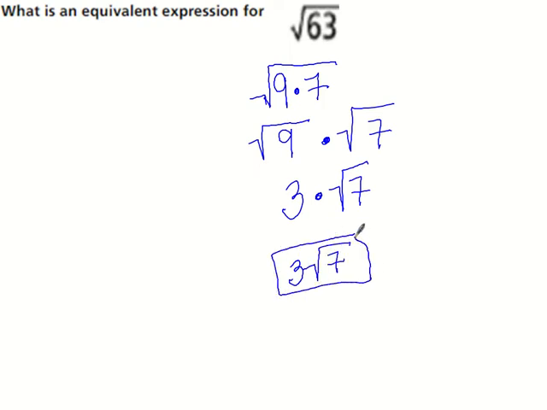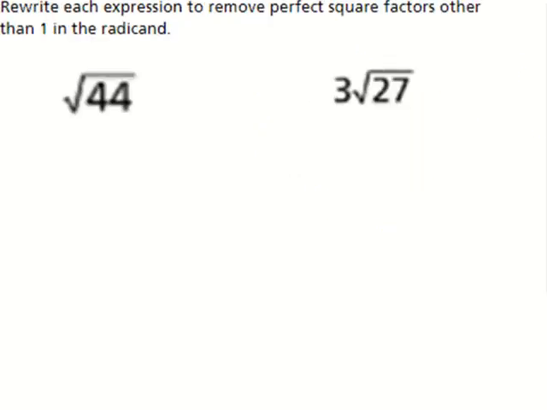And this expression is equivalent to that expression. If I took in my calculator the square root of 63, I would get exactly the same answer if I took the square root of 7 and times it by 3. Okay, so these are equivalent expressions by using perfect squares and my product of square root property.